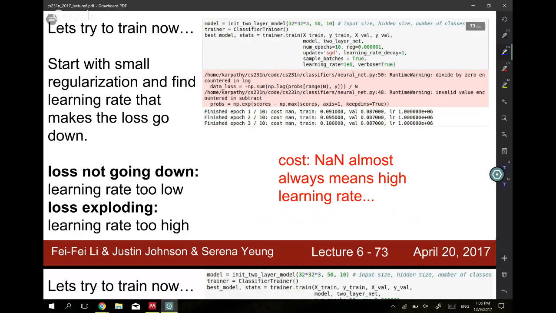That means you take an exponential and then divide by the sum. When you take the log of something that is very, very near zero, it can go to infinity. Okay. Is it the underflow and overflow being too high in the activation? Yes.